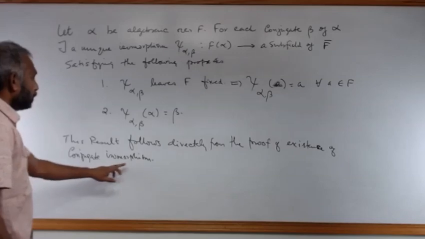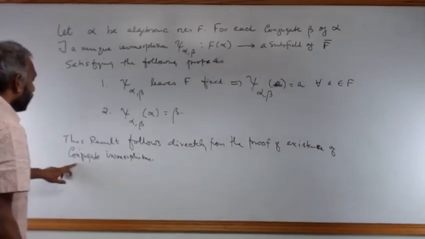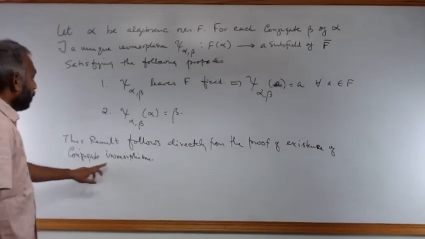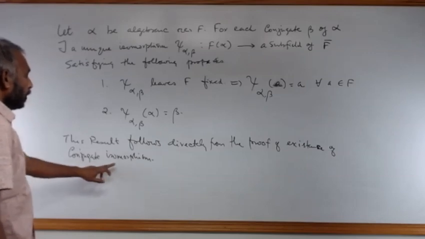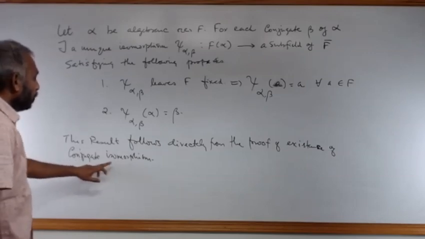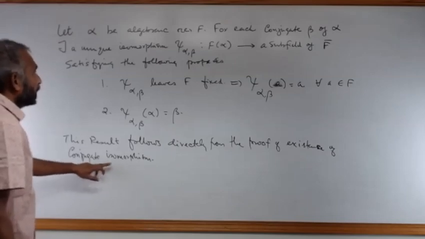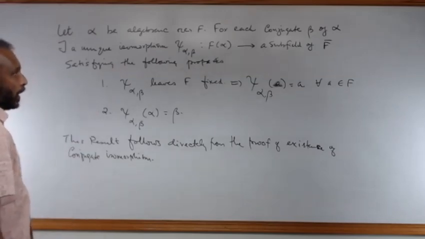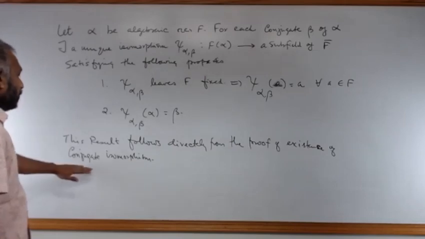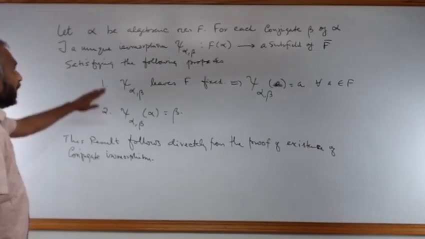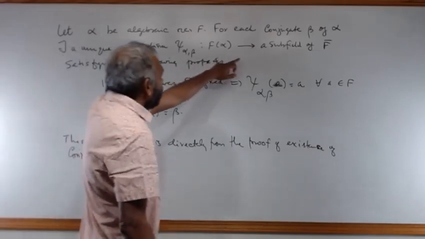In the conjugate isomorphism, what we proved is for two elements, algebraic elements that are conjugate, there exists a unique isomorphism, and that we call it as conjugate isomorphism. And that isomorphism is the one which we are talking about here.